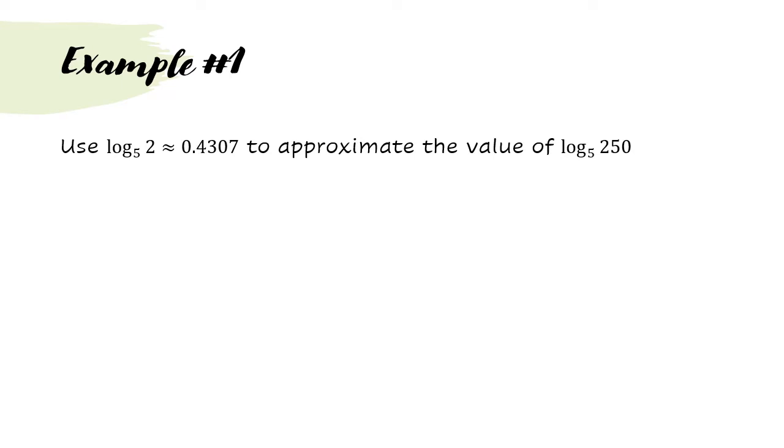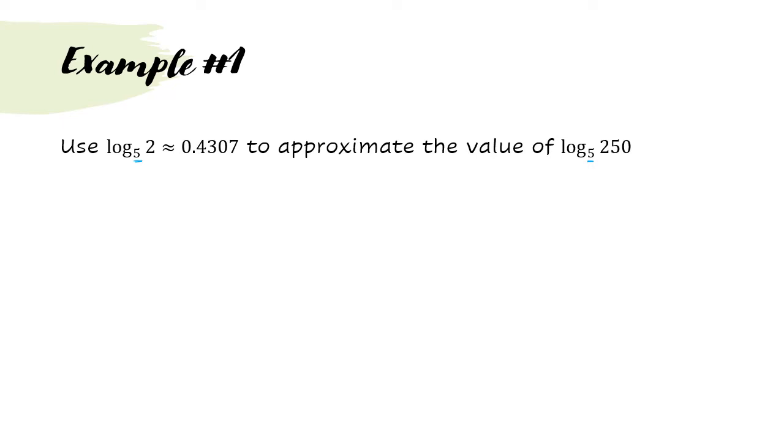The first important thing to notice is that we have the same base. That's super key. So we're going to try to represent log base 5 of 250 so that it in some way uses log base 5 of 2. We're relying on some of those properties of logs that we were talking about.